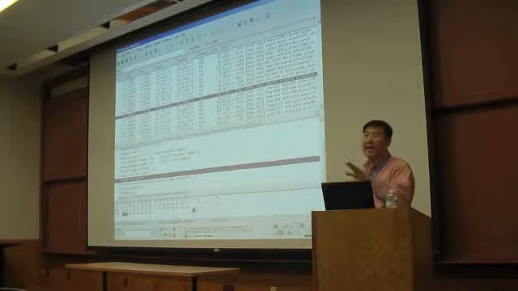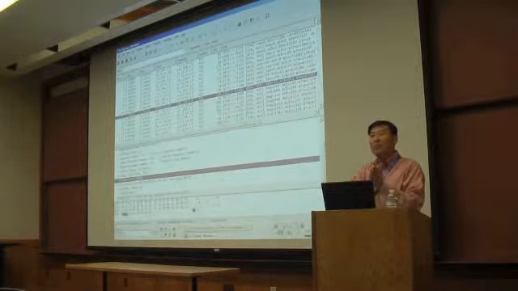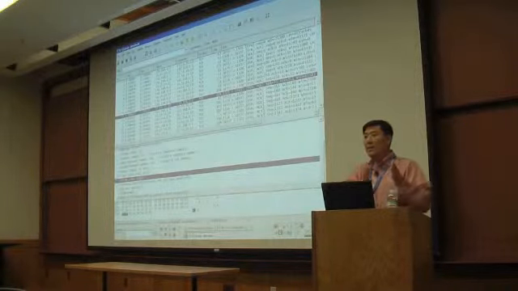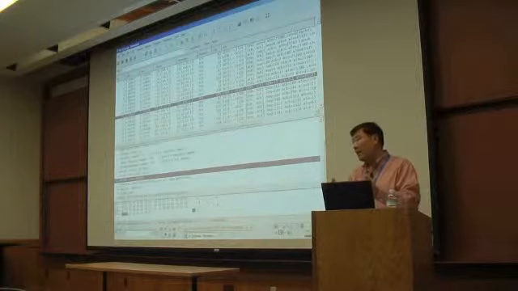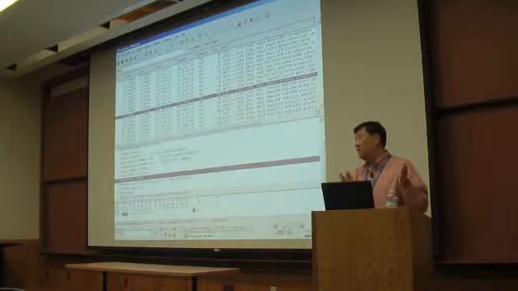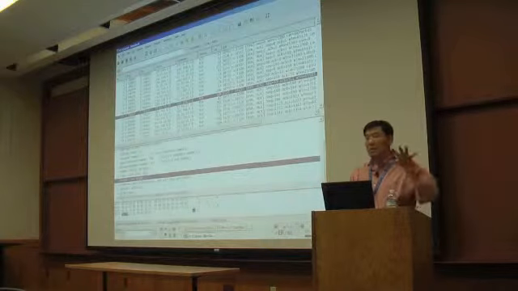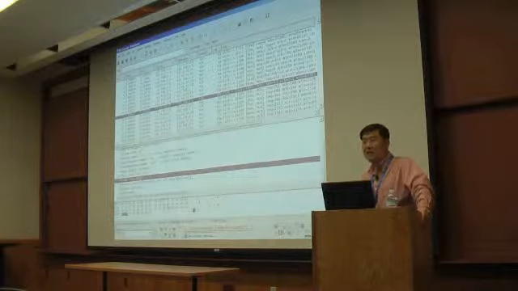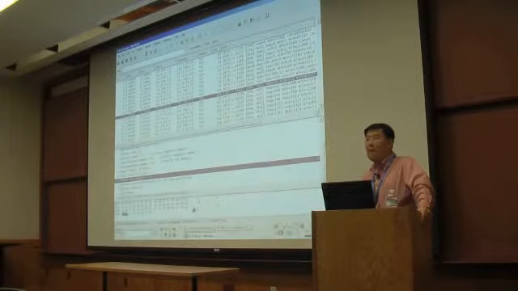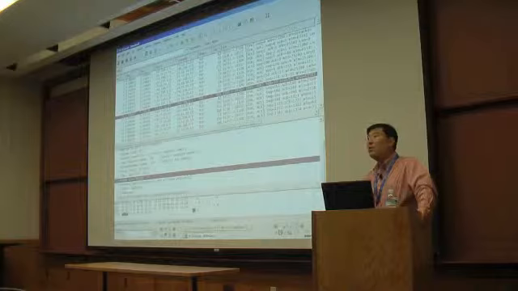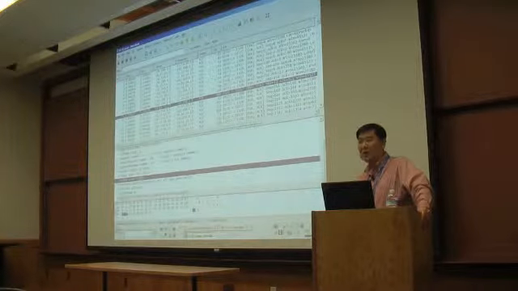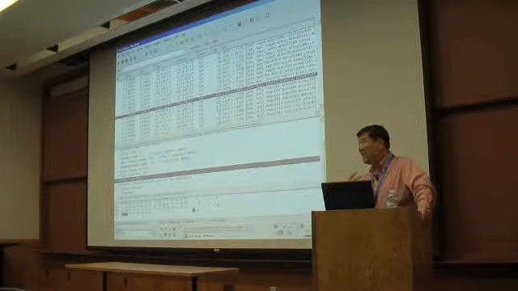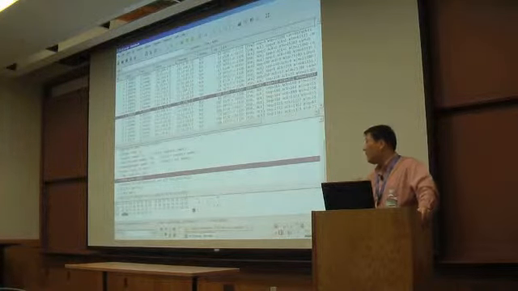In fact, in AIX, you can't even make the window size 2 meg because it has an artificial choke: if you set it to 1 meg, it needs another meg for the send buffer, so it's just 1 and 1. So when you see the receive window size, on most OSs the send window size is about the same. Very few times do you have to worry about the send window, and I have some traces that go over that situation, but mostly it's the receiver that's going to say, whoa, slow down, I can't consume this data.